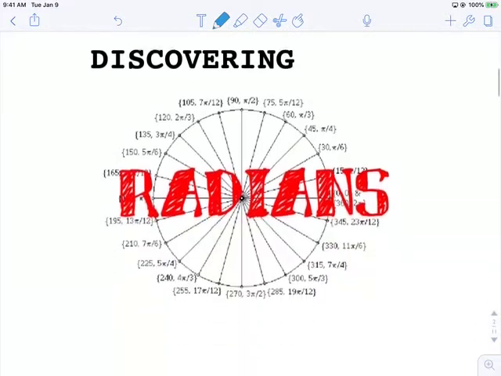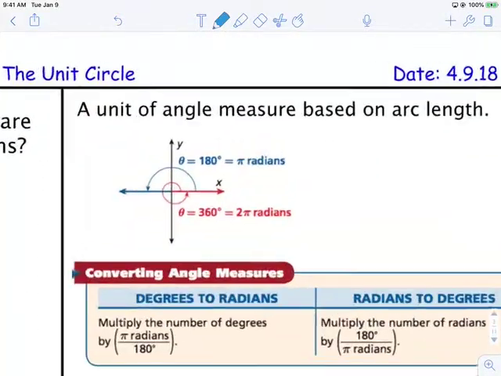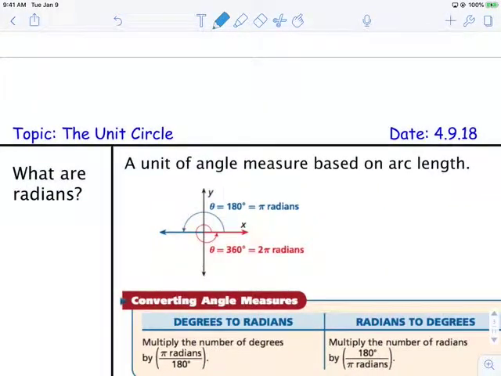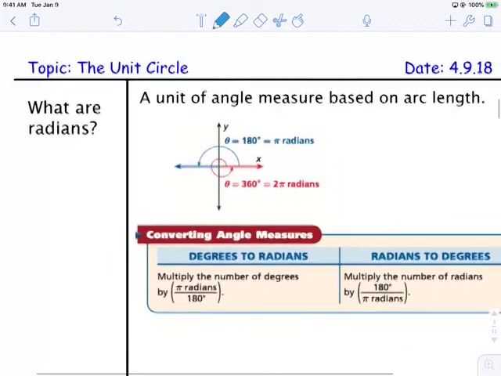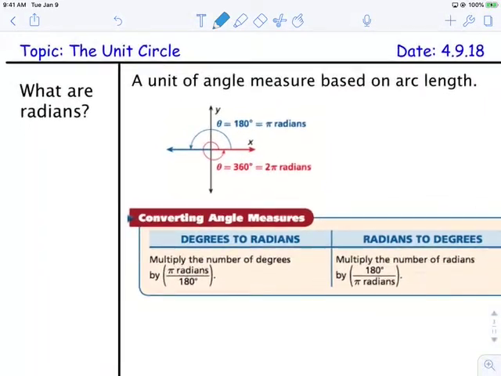So if that was hard to understand, well then just have this definition down as well. A unit of angle measured based on arc length.